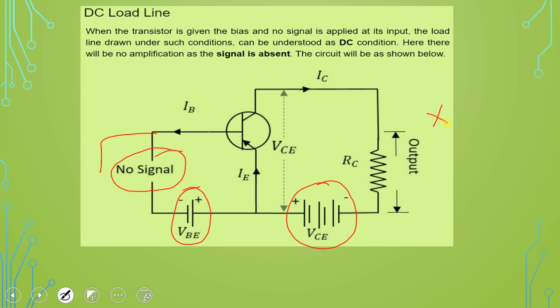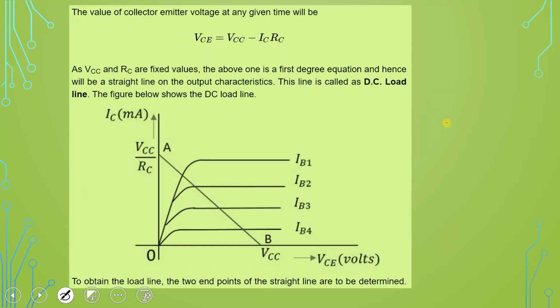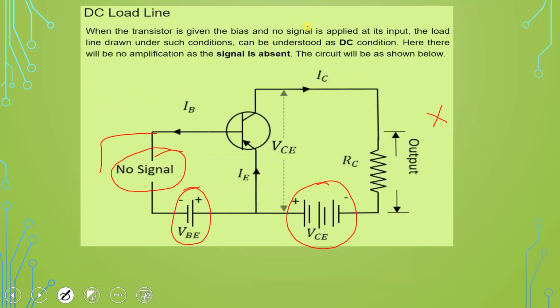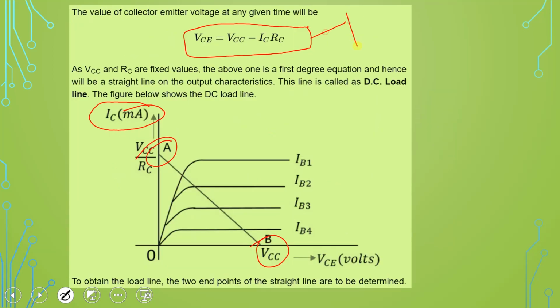Okay, now this is the load line, the DC load line. As I have told you, we have two points, A point and B point. A point is the maximum collector current and B point is the maximum collector emitter voltage. Now how we will get these values we will discuss here. This is the equation for the collector emitter voltage, which we find by applying KVL.